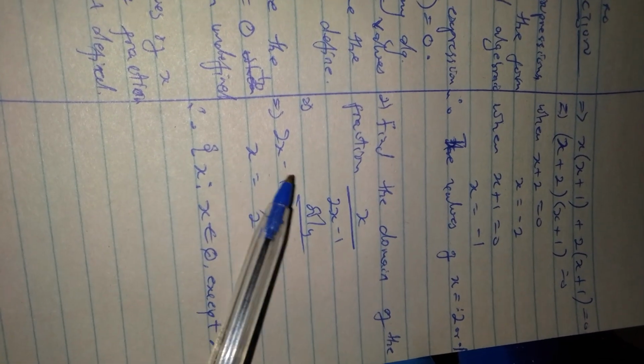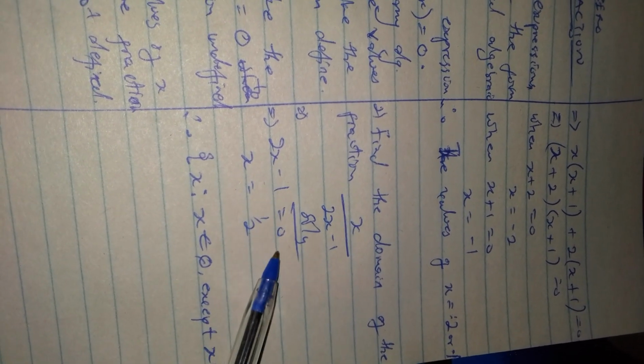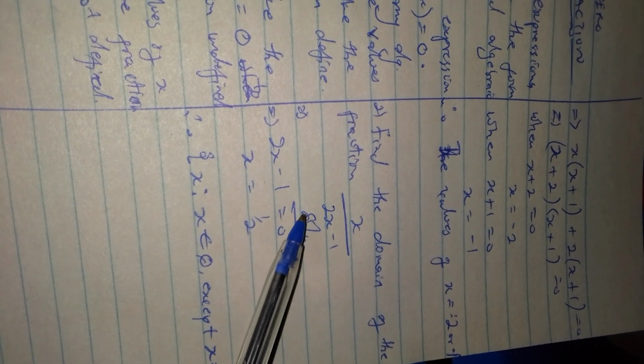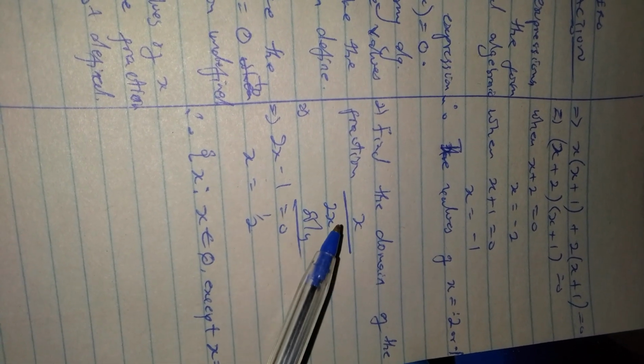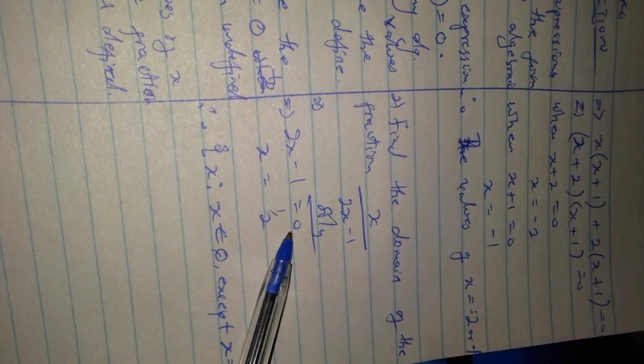So you go by solving this, we deal with the denominator. So 2x minus 1 is equal to 0, because you have to first know the value of x for which it will be undefined. Then the rest of the numbers that are left will make it defined. When you transpose the negative 1 to the other side, you get positive. Then you divide through by 2 so that you get x standing alone, which is x is equal to 1 over 2.